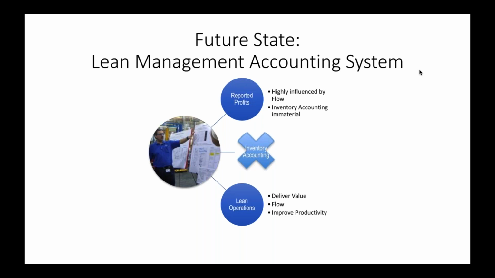What you have to understand is lean operations focuses on delivering value, improving flow, and improving productivity. So the alignment of the management accounting system to lean operations is essential to the overall financial success of a lean company.